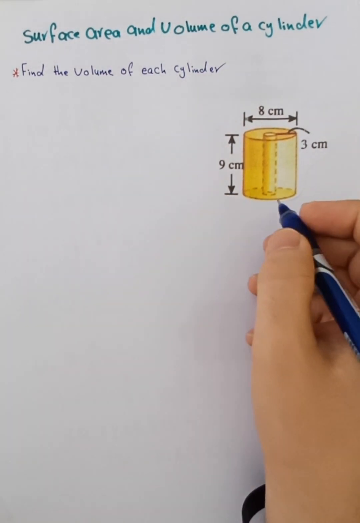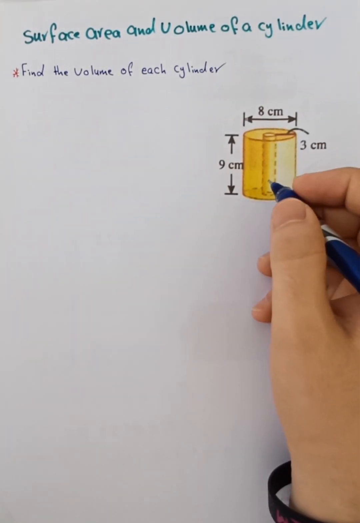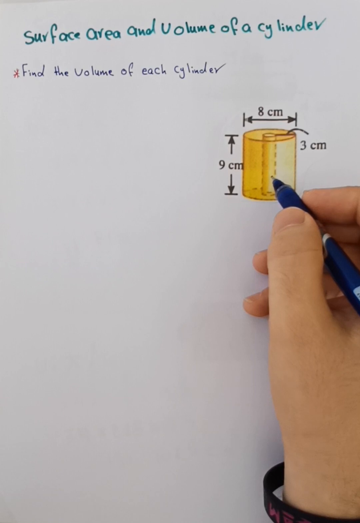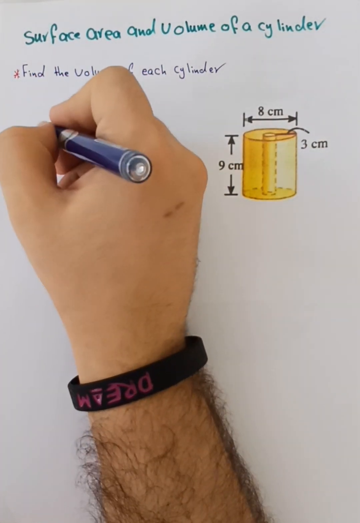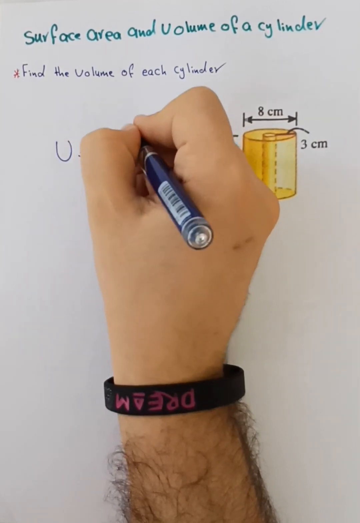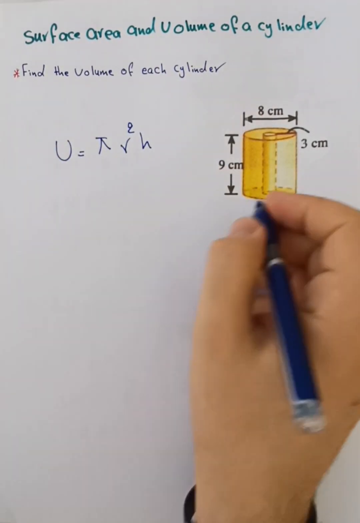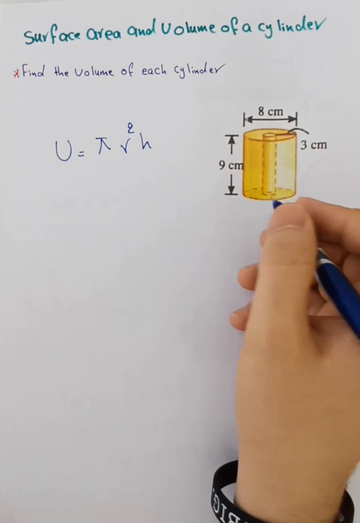After that, the last example, we have this figure. In this figure we have 2 cylinders. This one is the small cylinder inside the big cylinder, and then we have this big cylinder. We have to find the volume for each cylinder. First, the rule for volume for cylinder is pi r squared h, and first I'm finding the volume for the small cylinder.